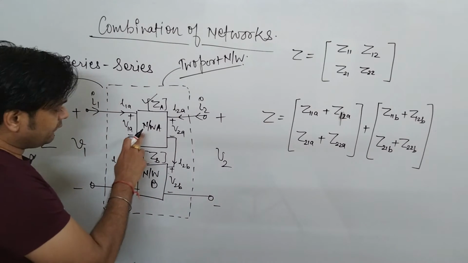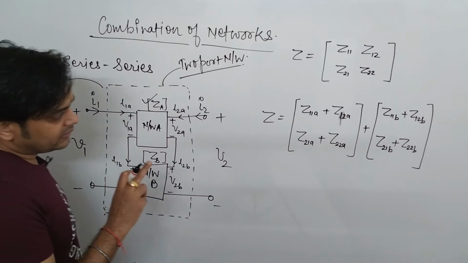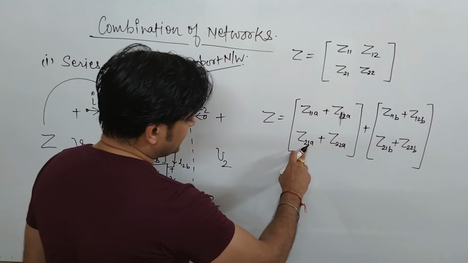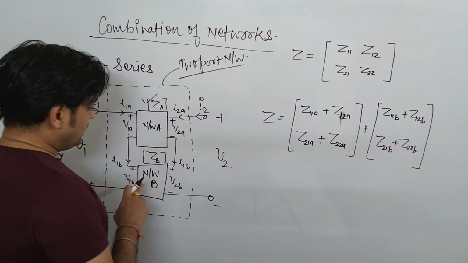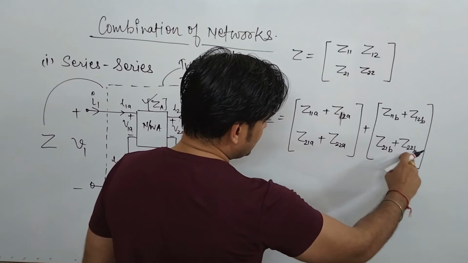The Z parameter for network A is given by Z11A, Z12A, Z21A, Z22A. For network B it is given as Z11B, Z12B, Z21B and Z22B.